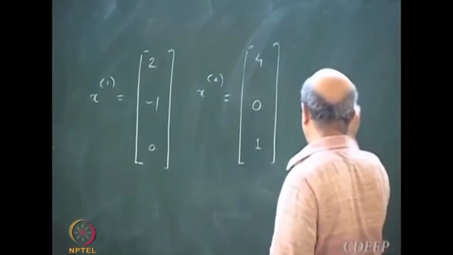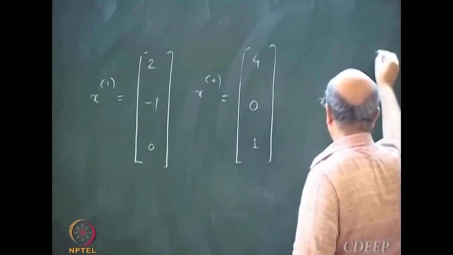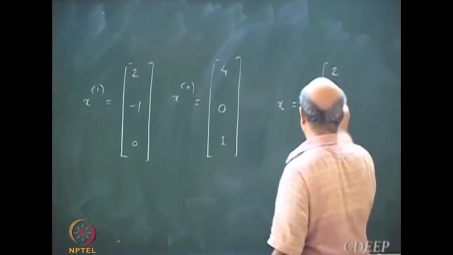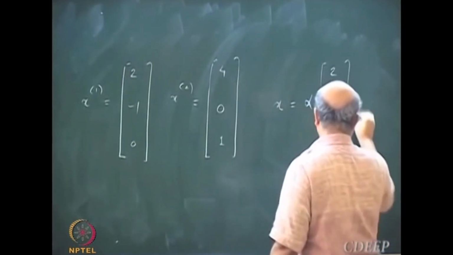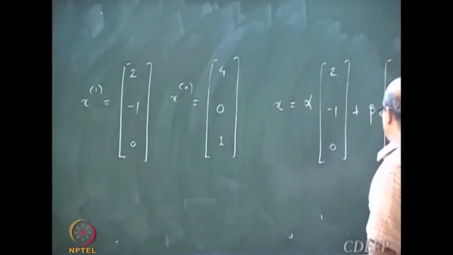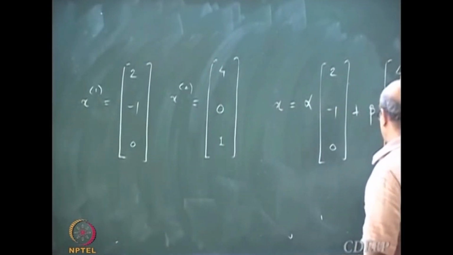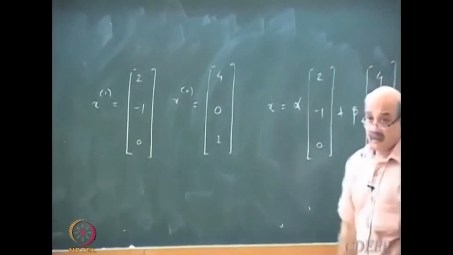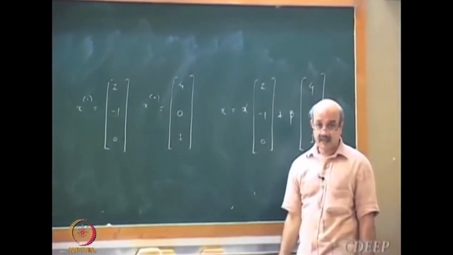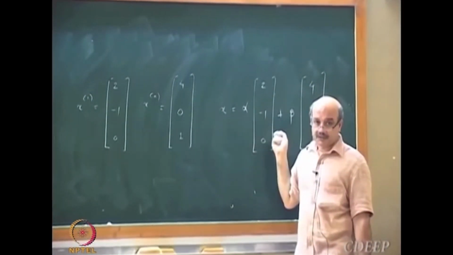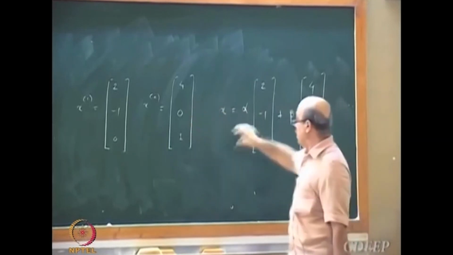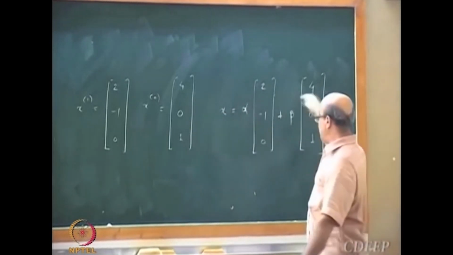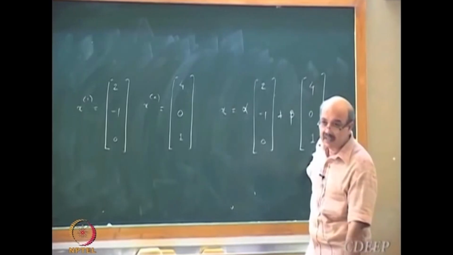So, if I construct a vector which is alpha times 2 minus 1 0 and beta times 4 0 1, just check. This also will be a solution, because alpha times this vector is 0 plus beta times this vector is 0.